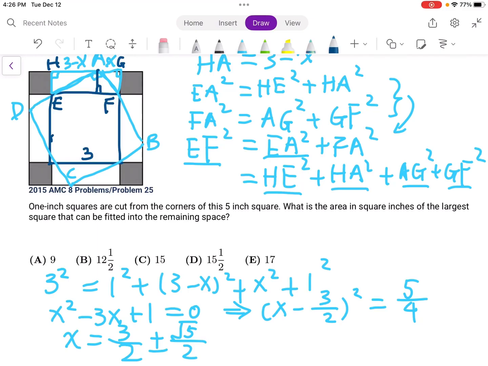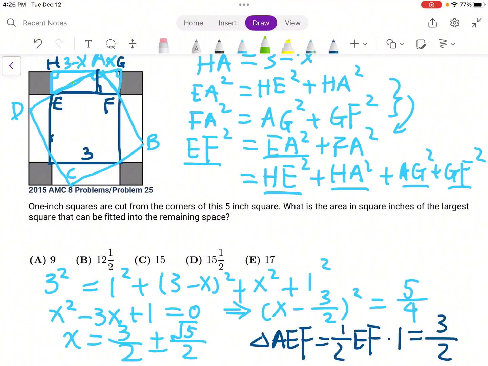So the area of AEF equals 1/2 times EF multiplied by the height, that's 1, and it equals 3 over 2. And we have 4 such triangles: this one, this one, this one, this one.